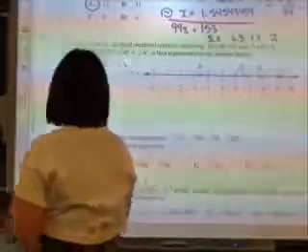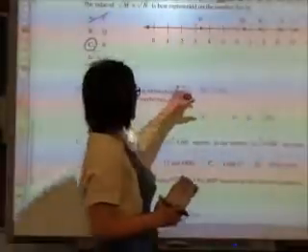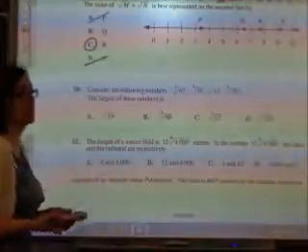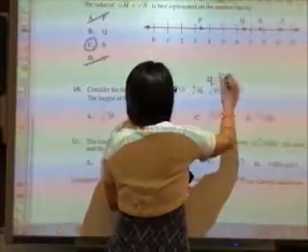Okay? Question number 10, consider the following numbers. The largest of these numbers is. So in order to do this, because my radicals have different indexes, I have to figure out the decimal approximation. So the square root of 19 is 4.35. Okay?